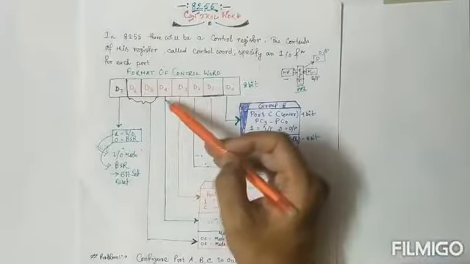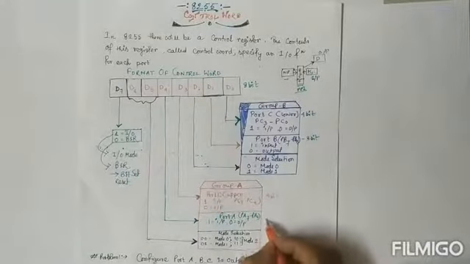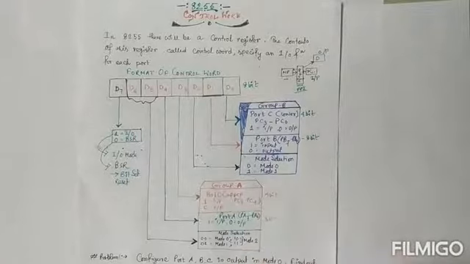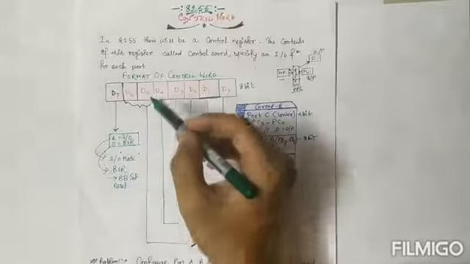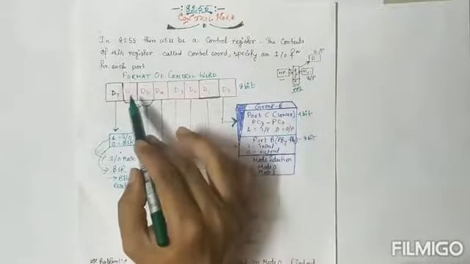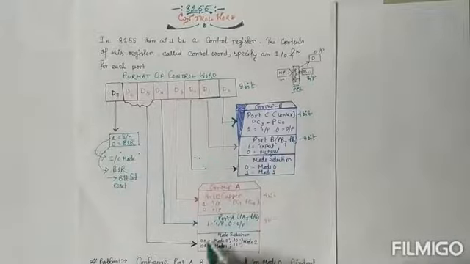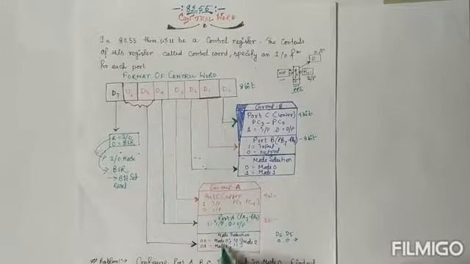Then D4 indicates port A, which is 8-bit. Then D6 and D5, the two bits, indicate the mode selection. If D6 and D5 are 0, 0, then it is mode 0.